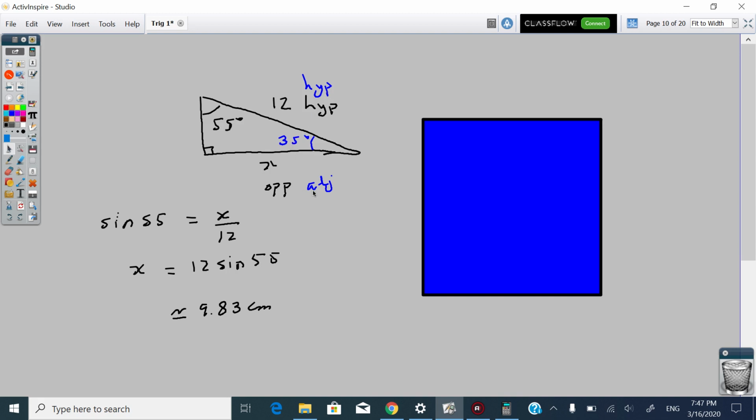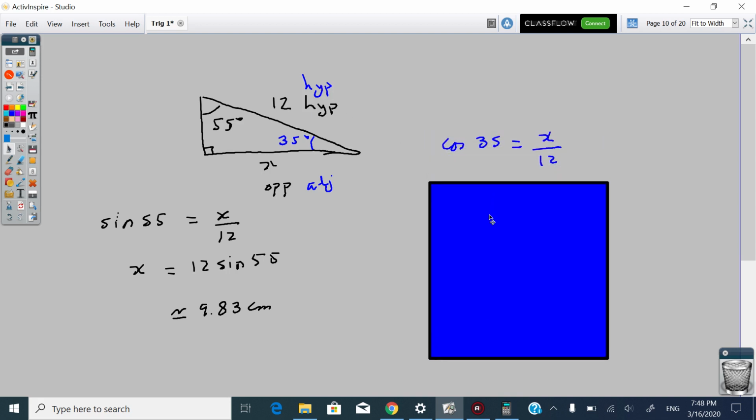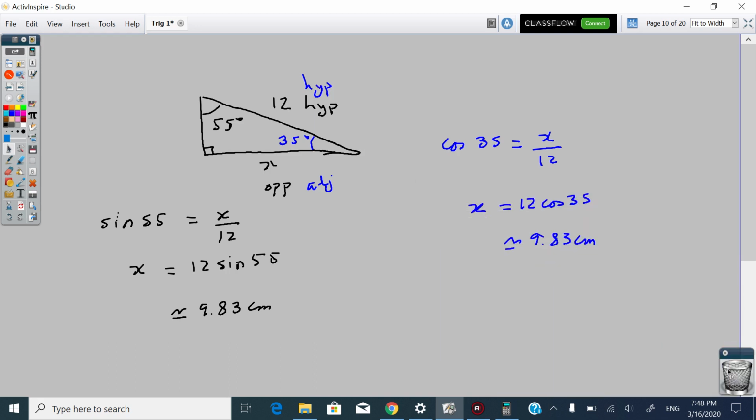But this becomes the adjacent as far as 35 is concerned. And this person would ask themselves, what is the ratio that connects the adjacent to the hypotenuse? And that's obviously the cosine. So cosine of 35 is equal to the adjacent divided by the hypotenuse, which is 12. Cross multiply, that gives you 12 cosine 35, and yes, that gives the same answer.